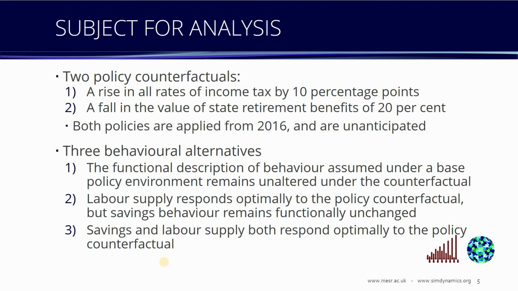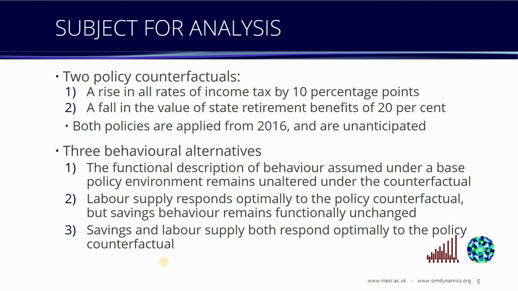These are standard policy counterfactuals. They're interesting because they imply very different incentive effects, and so for the current context, they present interesting variation. And they're really quite large, so you expect reasonably sizable behavioral responses to them.